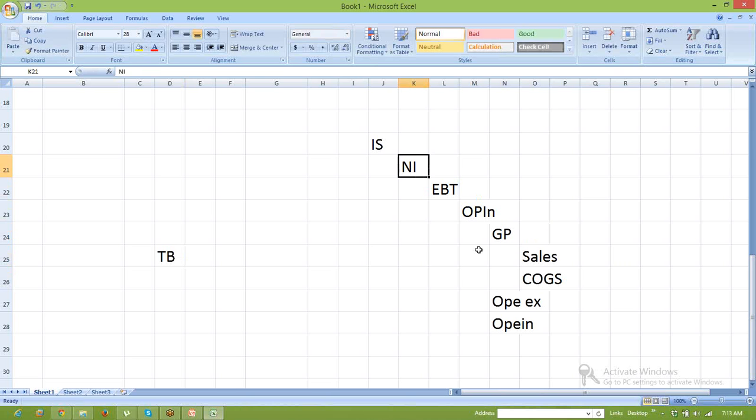This data we are not getting from your trial balance. Trial balance will have the data about your sales, cost of goods sold, operating expenses, operating income. This data you need to get from each entity, like US or UK, wherever your organization is located, and load the data into the respective base members of the accounts.